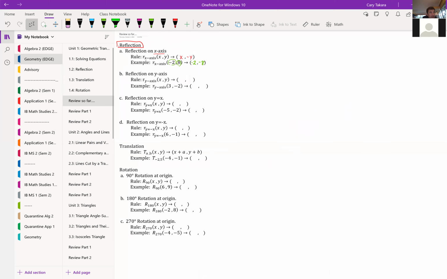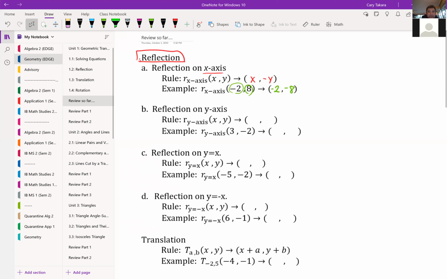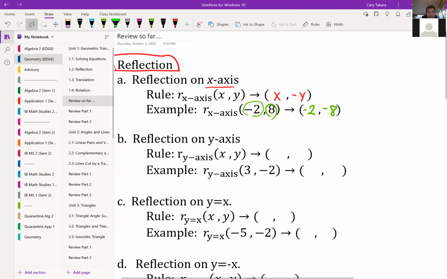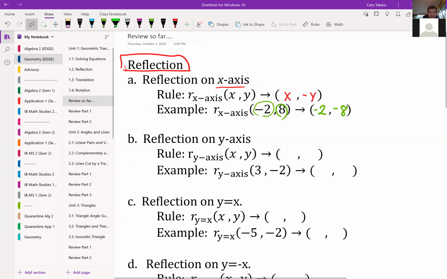Again, let's copy this down. You need a little time to catch up. We are all the way up to here, just the first one, reflection on the x-axis. Let me give you about 30 seconds more to catch up on that. Then we'll talk about reflection on the y-axis.